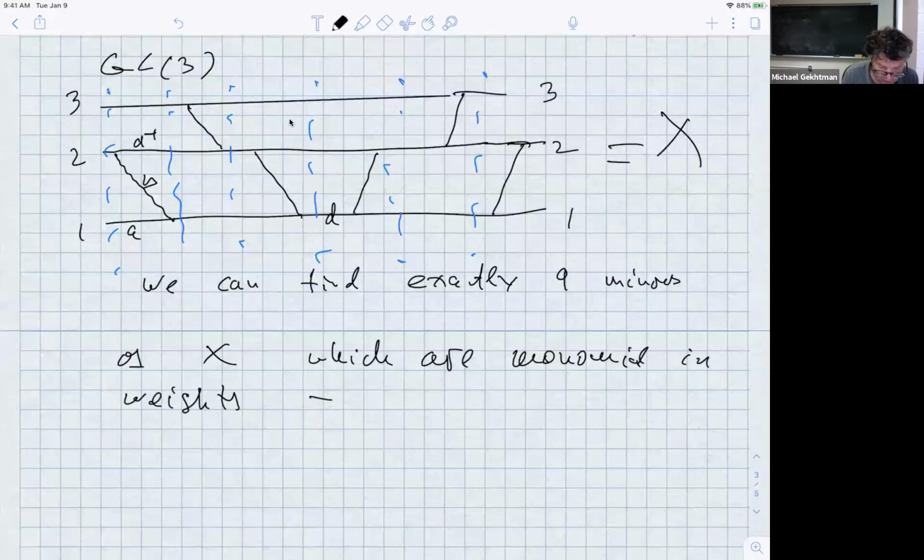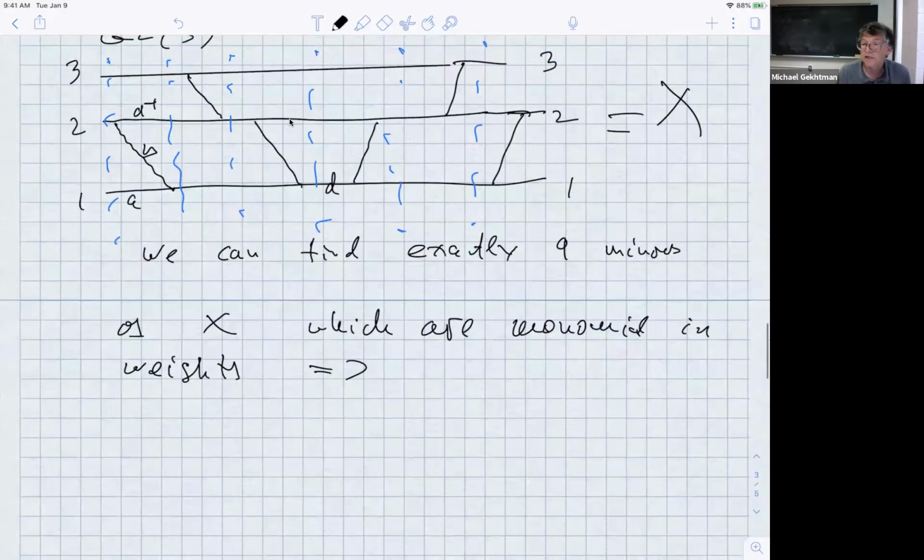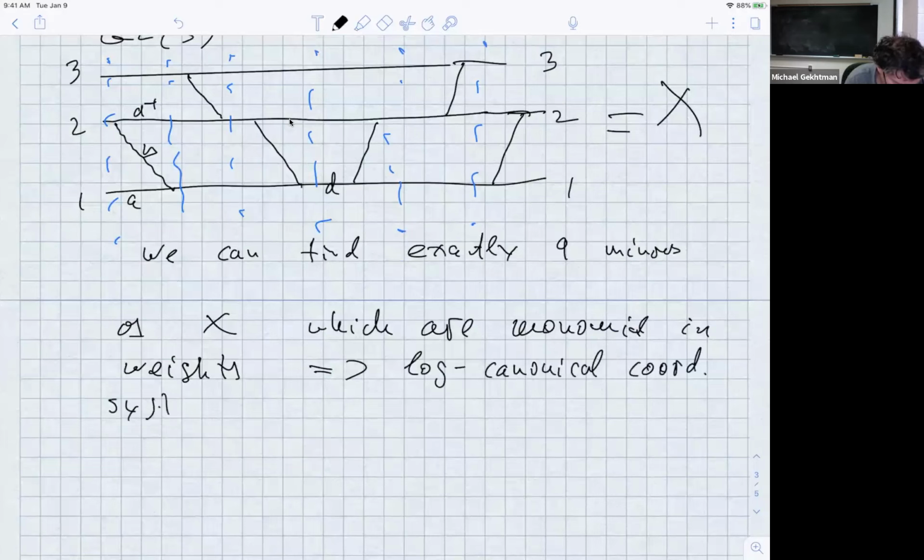And if they're monomial in weights, that means that they will form, as I explained before, a log canonical coordinate system. All right.